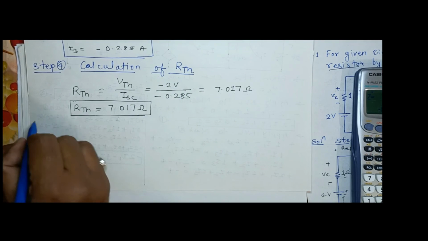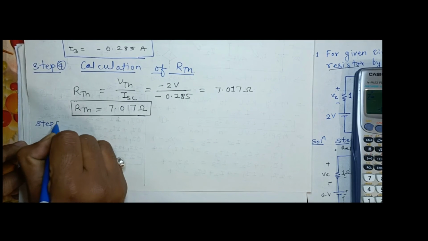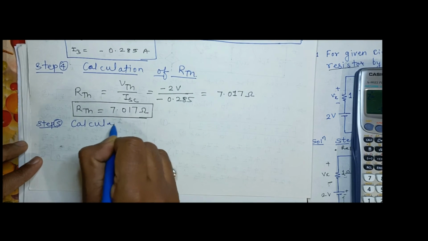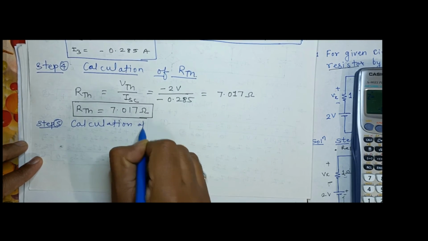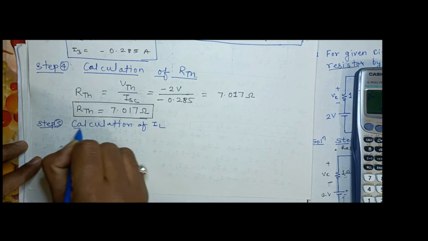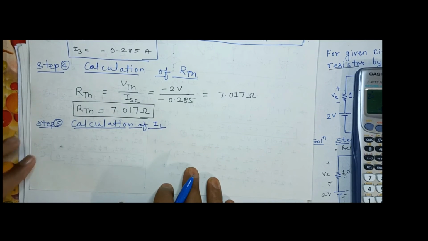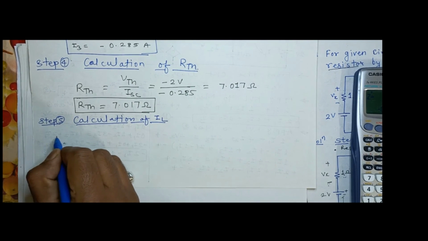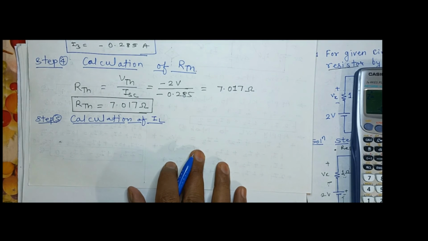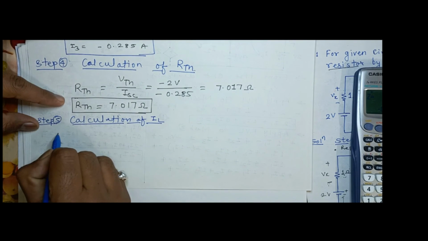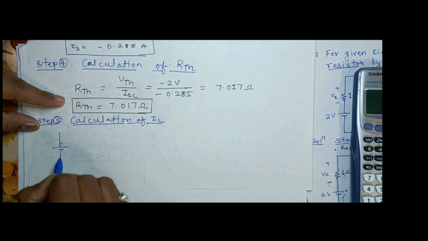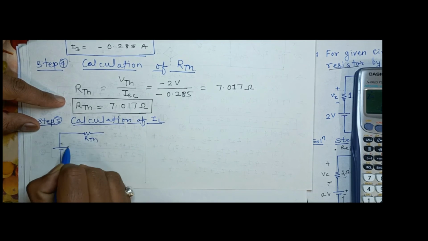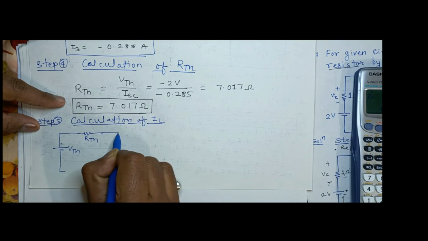So last step, number 5, calculation of IL. First we have to draw the Thevenin's equivalent circuit. As I showed you in the previous video, you can go through the previous video. So this is VTH in series with RTH.